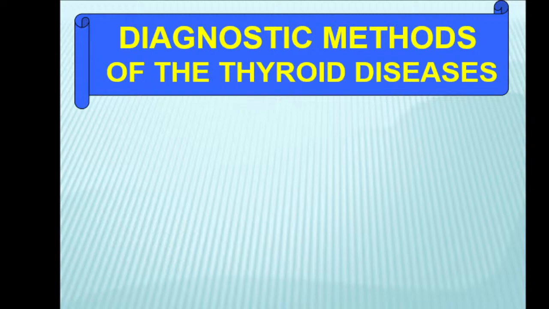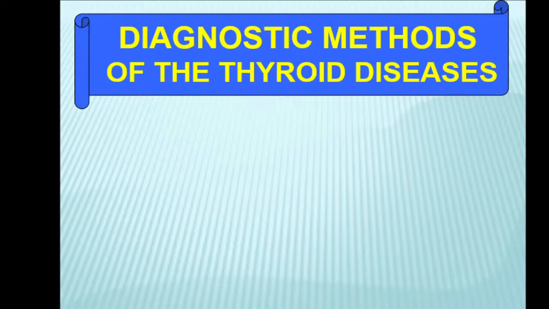We'll start diagnosis of thyroid gland diseases from determination of serum thyroid-stimulating hormone, or thyrotropic hormone, whose level correlates inversely with active thyroid hormone concentration and represents the best single index to the diagnosis of primary hyper or hypothyroidism.